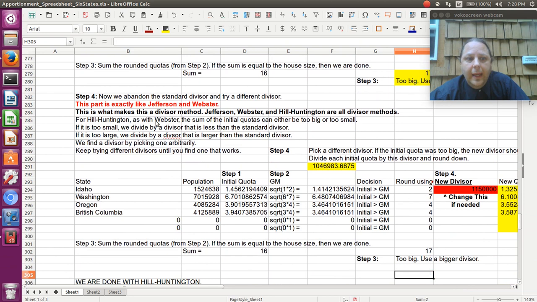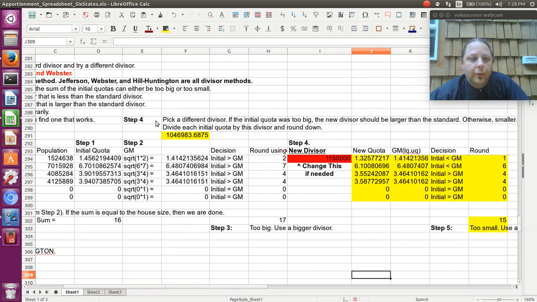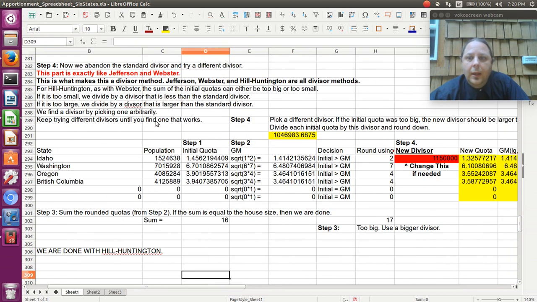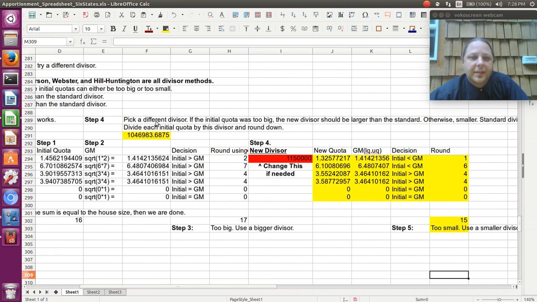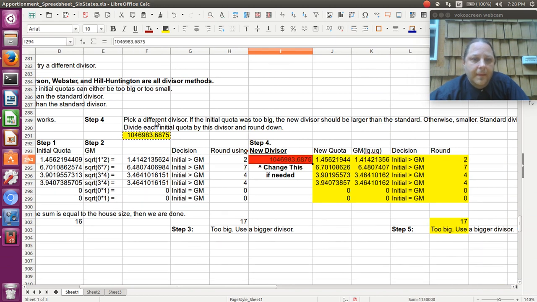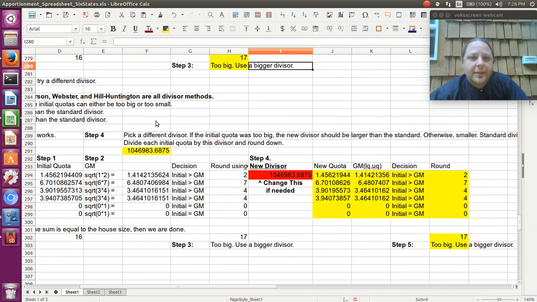Okay, so in this case, using the Hill-Huntington method, we saw that it was too big, and we have to use a bigger divisor. We allocated too many seats. We allocated 17, and we've only got 16 to allocate. So let's scroll over a little bit. And I guess I need a little more room, so I'm going to not see what the states are.